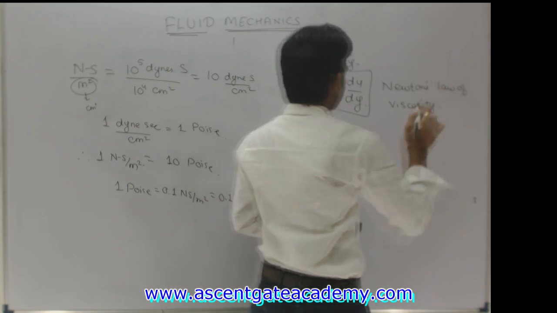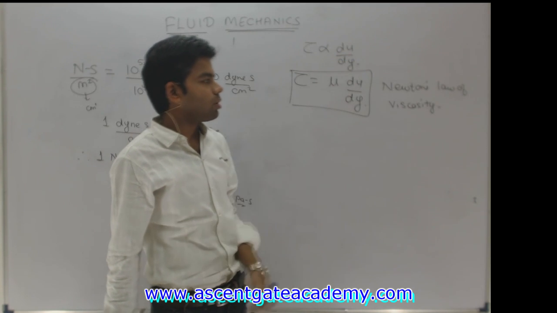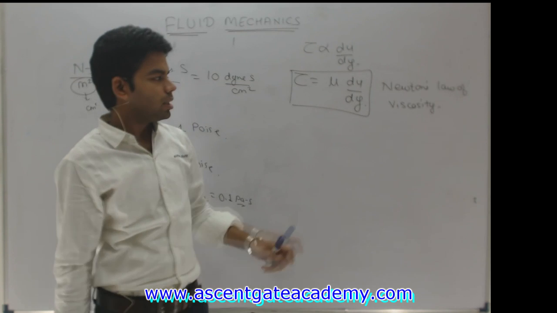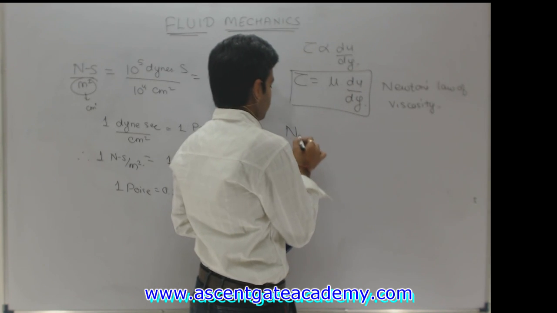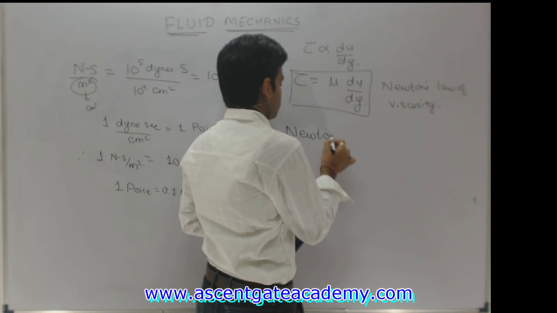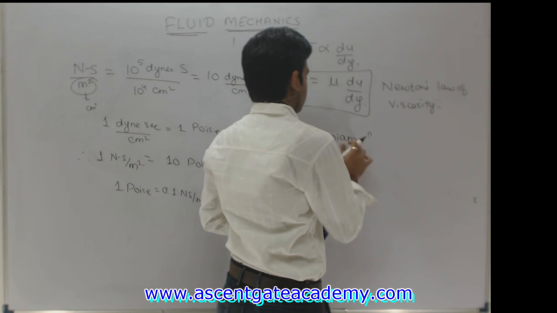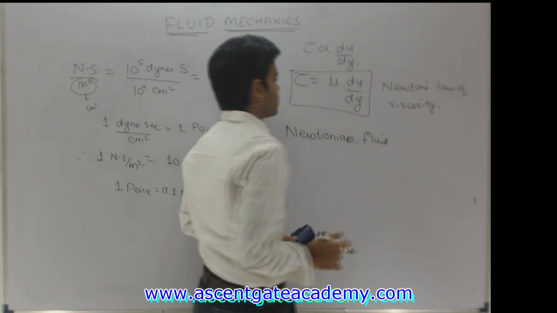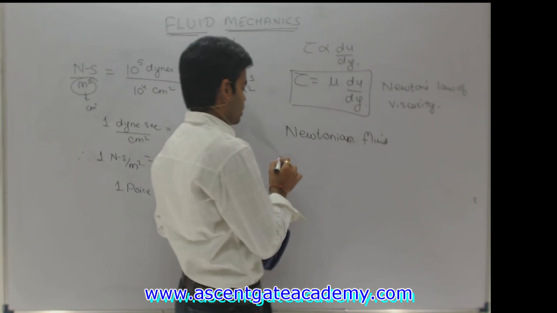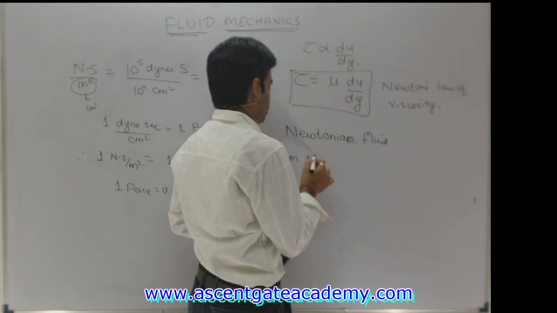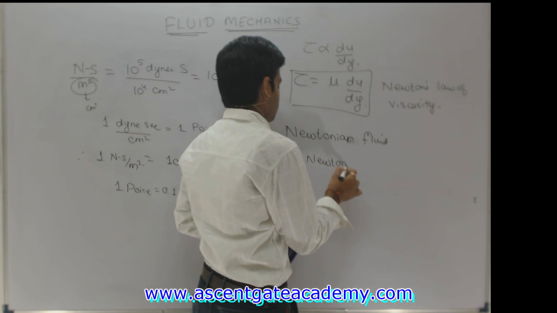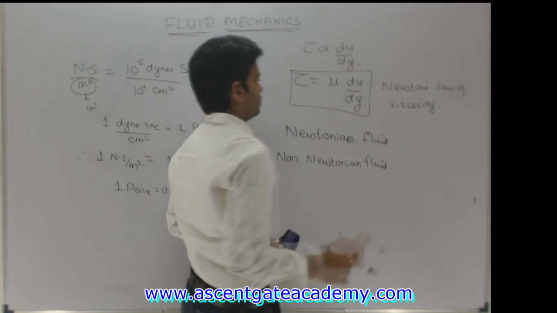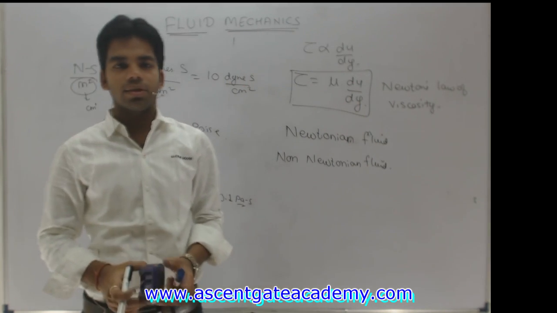Getting this? So the fluid which obeys Newton's law of viscosity is nothing but the Newtonian fluid. And fluid which does not obey Newton's law of viscosity is known as non-Newtonian fluid. Getting this or not?